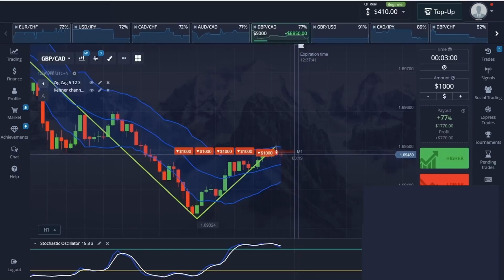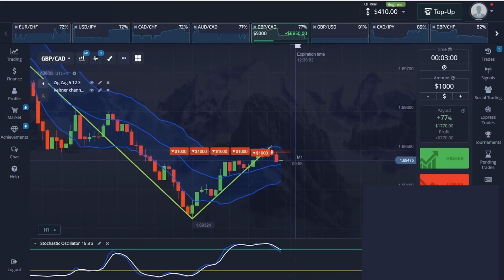Now I want to tell you about the third indicator, which plays a very important role, and it is stochastic oscillator. It must be in a buying position that is above its own line. The blue and white lines of the stochastic oscillator must start to cross each other.